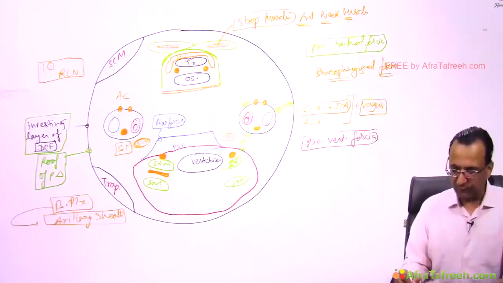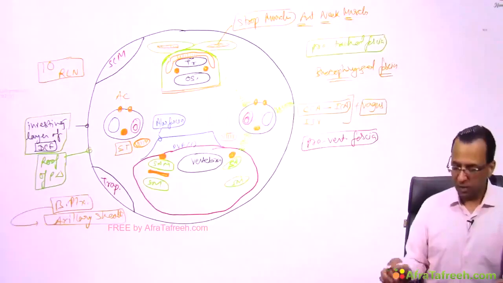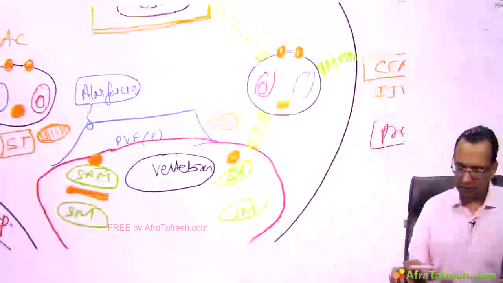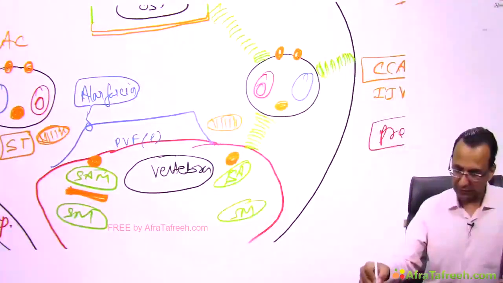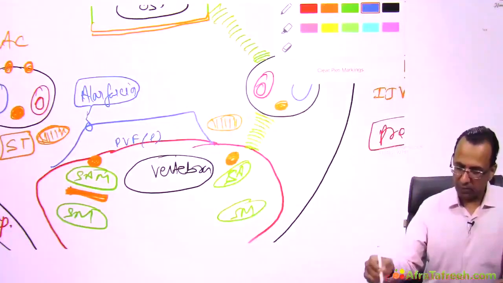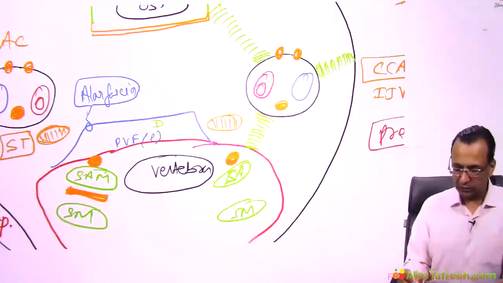If this is the prevertebral fascia proper, then what is the space between the two? Let us see now some spaces. Between the two is the danger space.